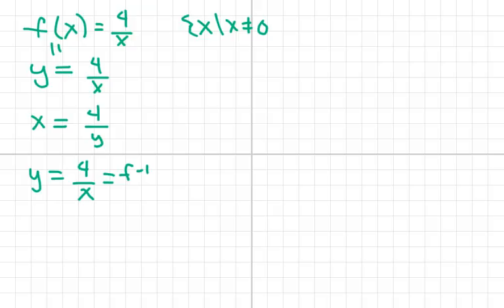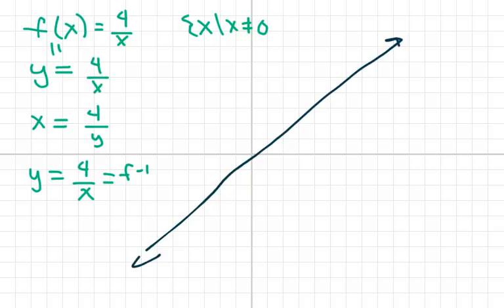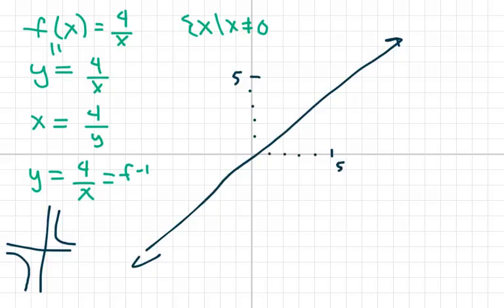And if we graph this, I'm going to show you what it looks like. This is y equals x. Okay, you should already know what 1 over x looks like. It looks like this. And since they're the same, basically what we have, I'll put this as 5, and this is 5.